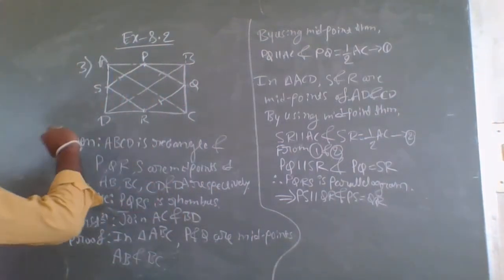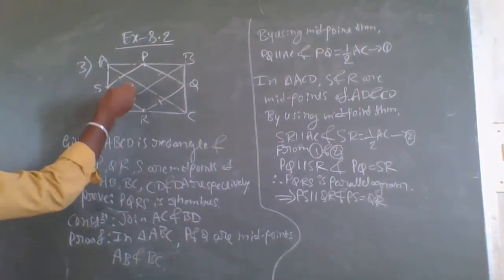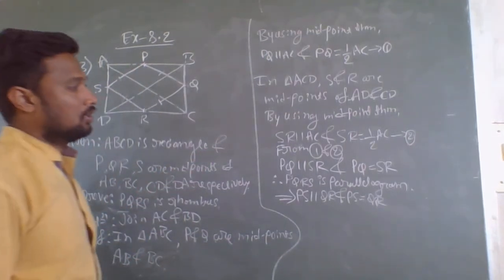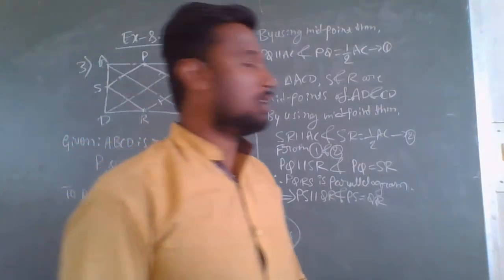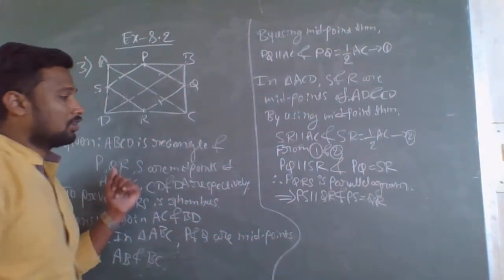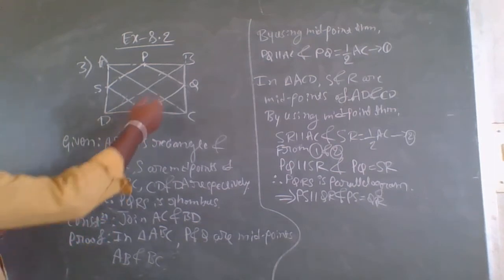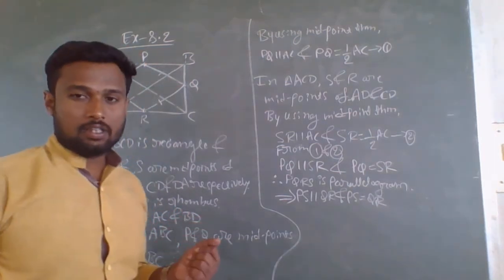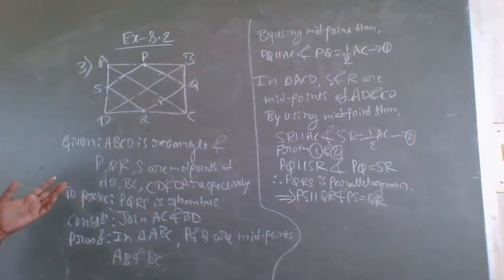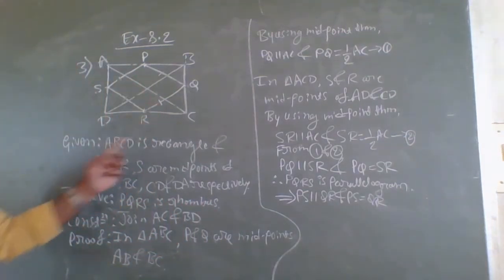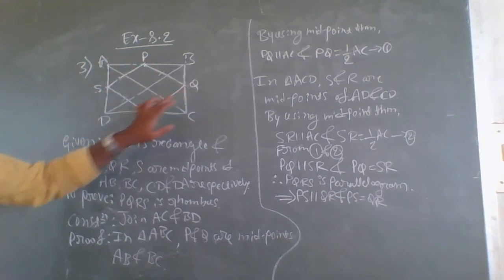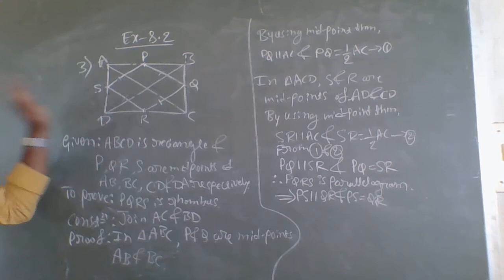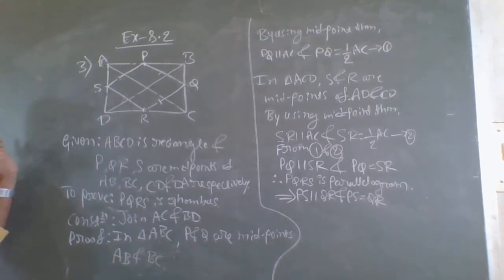Why? We got to know that PQ and SR are parallel and equal, so the figure is a parallelogram. But here what we have to prove is that PQRS is a rhombus. We have now proved that PQRS is a parallelogram.